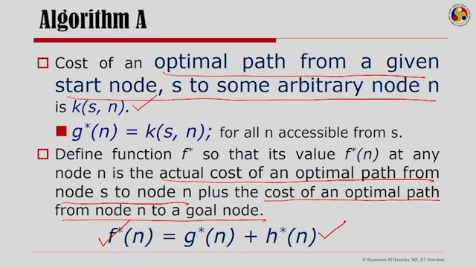I have the start node S, and somewhere I have an intermediary node n, and down the line I have a goal node G. So, I take this as g star n, the cost of coming from the start to n, the optimal cost, and I take this, the cost of going from n to G, which is h star n. The evaluation function f star is defined as g star n plus h star n.